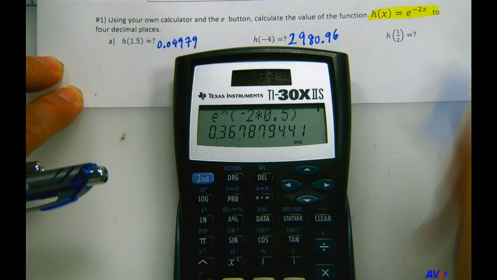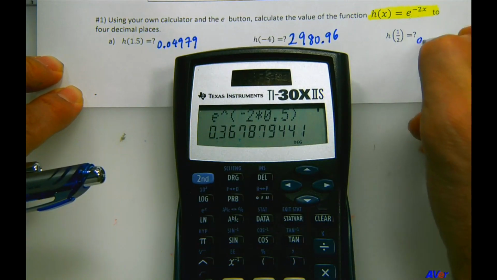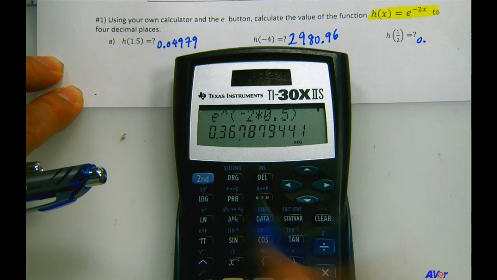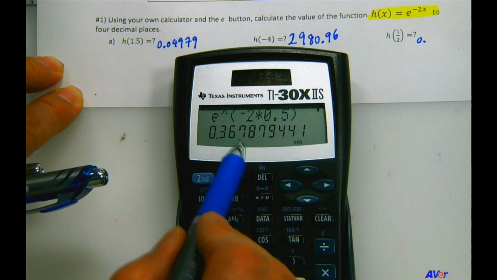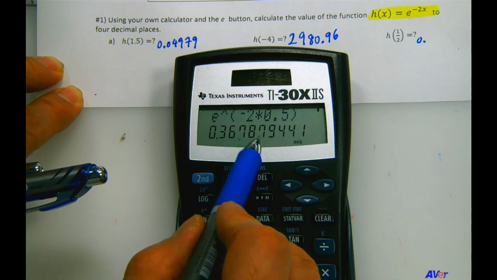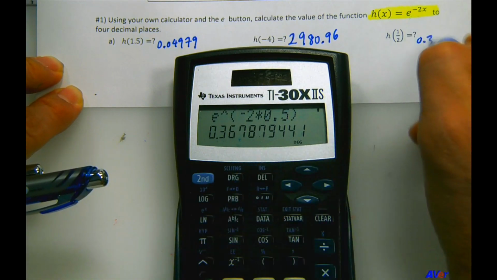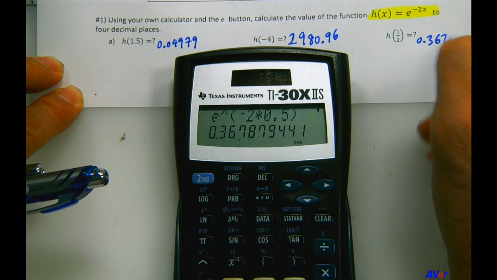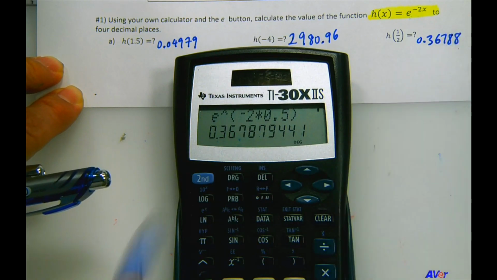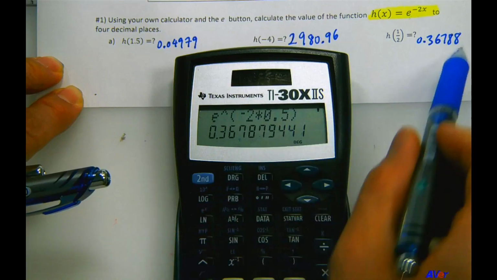That value, right? So I'm going to round this 7 to 8 because of the 9 after it. So 0.3678 and then 8, right? The 7, I rounded it to 8.